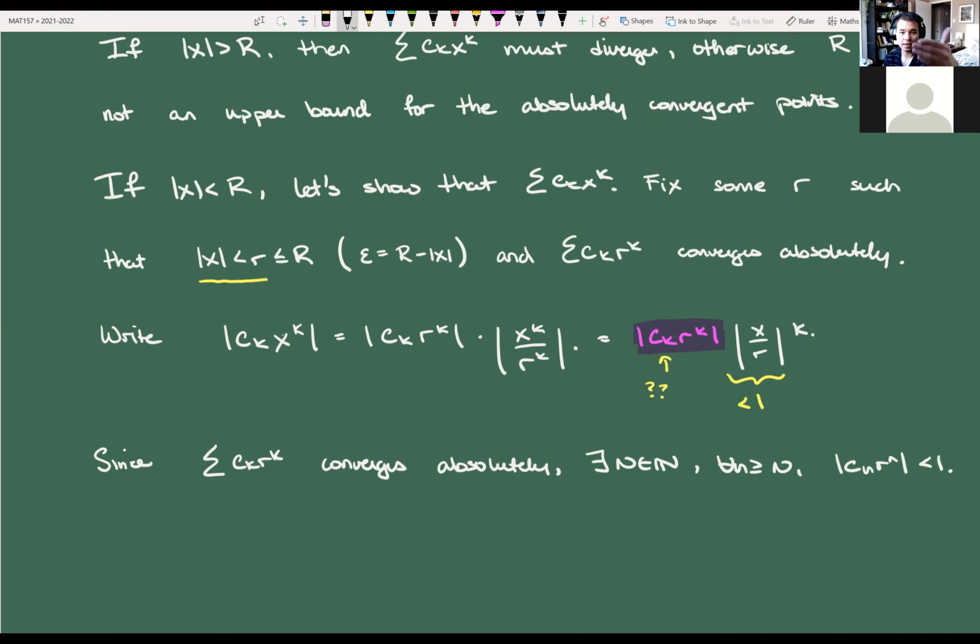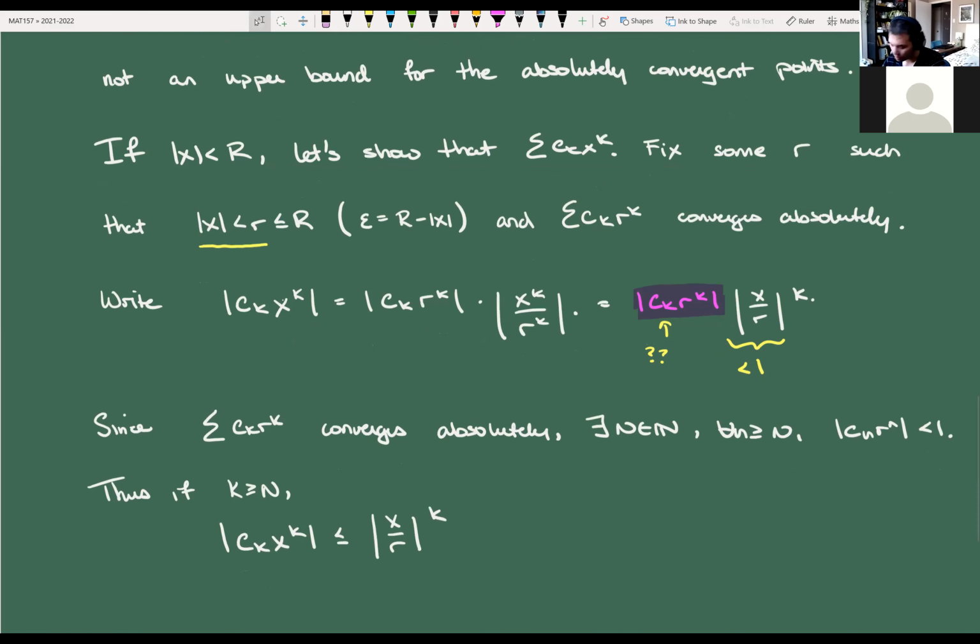but if I substitute now this identity into the previous line, so thus, if n is greater than or equal to N, or let's say k, because that's what I used, we're going to get c_k x^k is less than or equal to (x over r)^k. And the right-hand side, again, defines a geometric series whose ratio is less than 1.